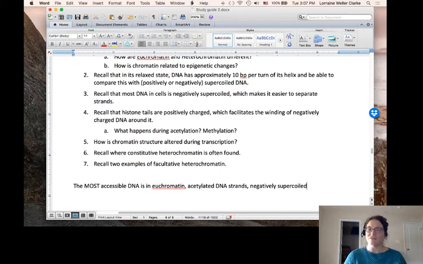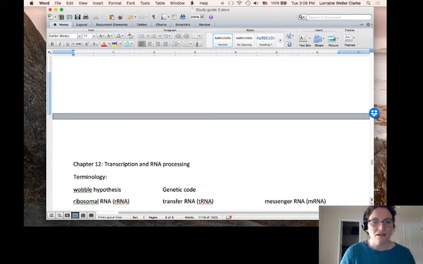If they are methylated, if it's in heterochromatin, if it's positively supercoiled, all of those pieces can make DNA not accessible to being read by RNA, being transcribed by RNA. Okay? Anyone else have questions specifically? All right, I'm moving on.